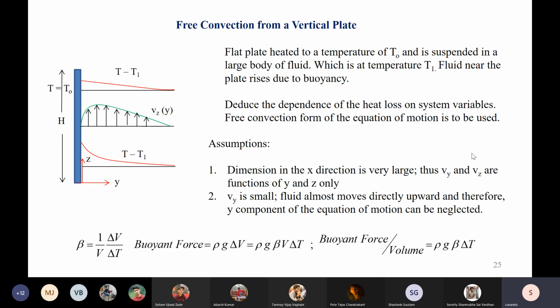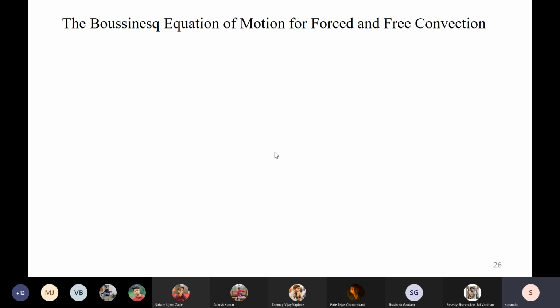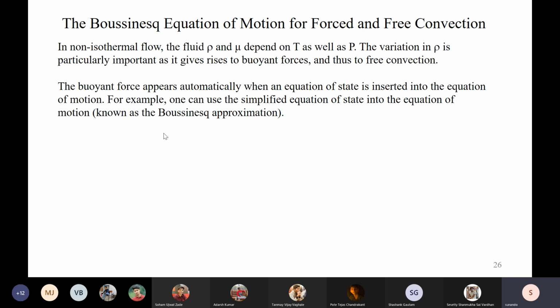It becomes more clear if we look at something which is to some extent fundamental, and the fundamental one is known as the Boussinesq equation of motion for forced and free convection. So how the equation of motion together with the equation of energy can be different based on whether we have free convection or forced convection. So what happens in non-isothermal flow?